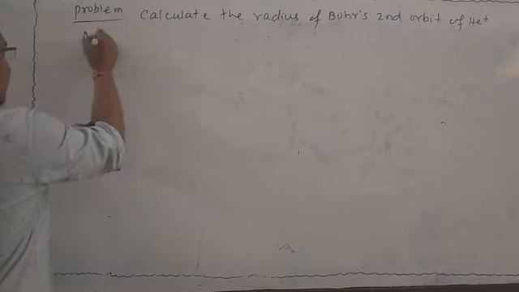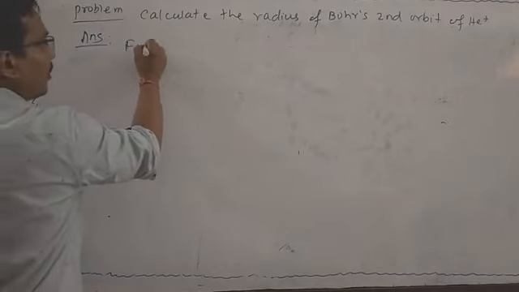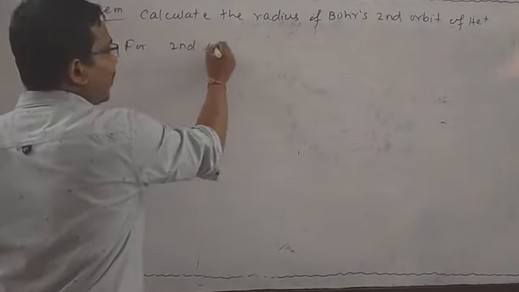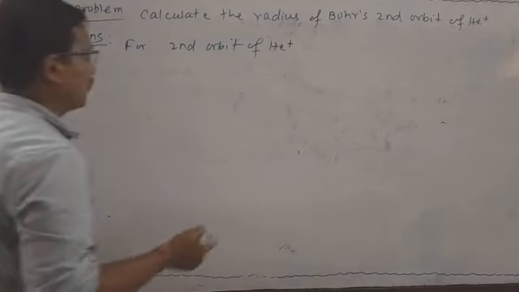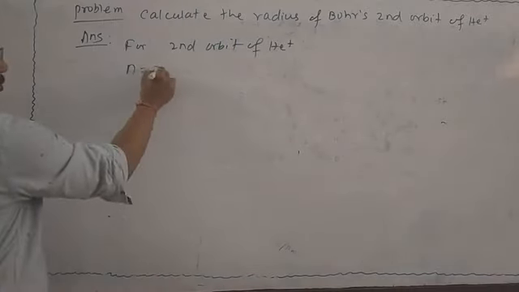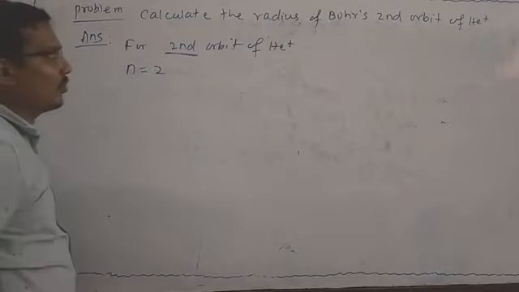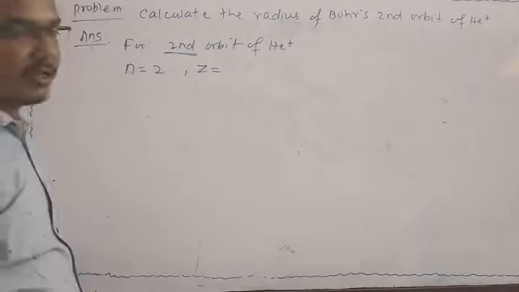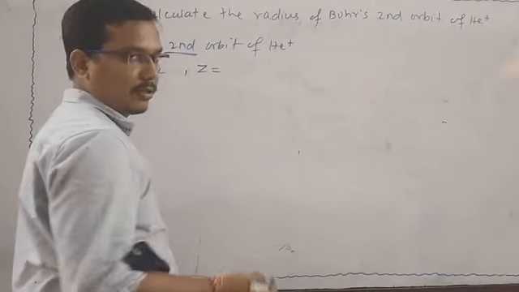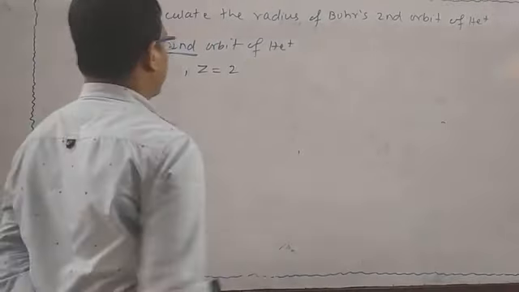What is the answer? For second orbit of He plus ion, we can write N is equal to 2. Z is equal to how much? For helium, the atomic number is 2.